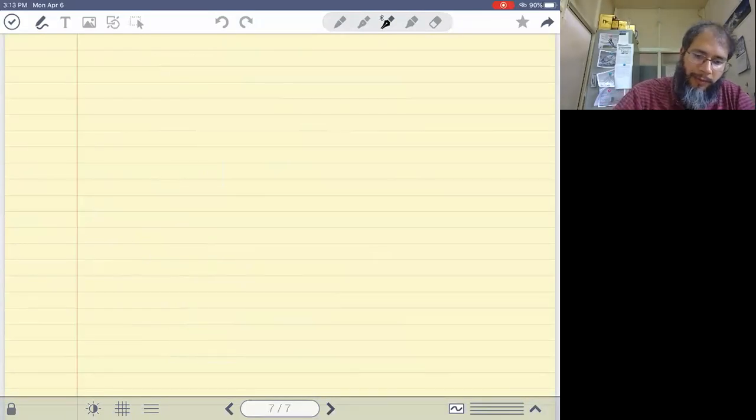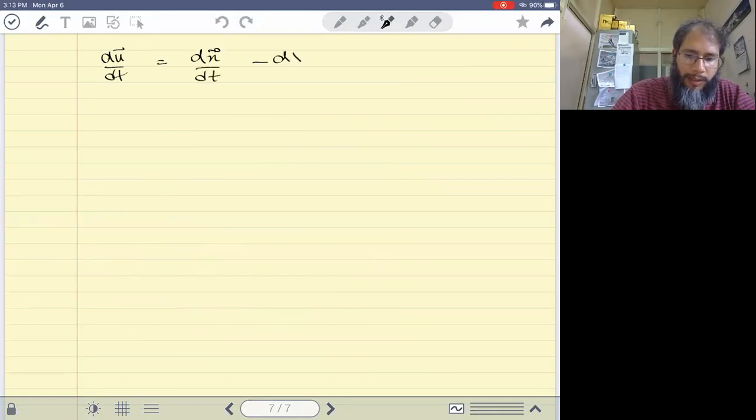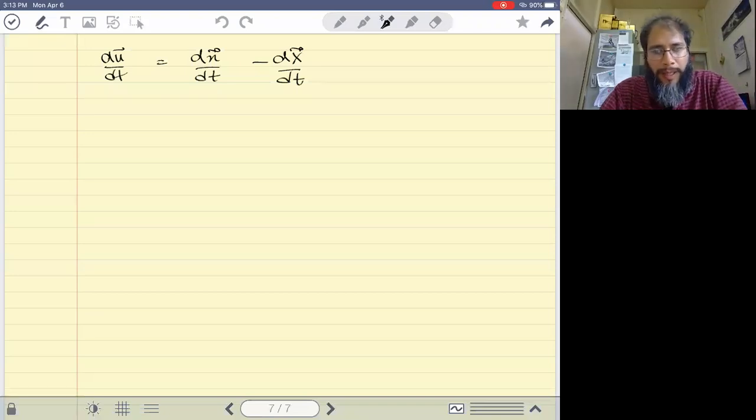Now, if we take the derivative of U, that is, I write du by dt, then this is dx by dt minus d capital X by dt. Now, we already know that capital X is not a function of time, because capital X is the location of the particles at t equal to 0. So it's independent of time. So this is 0. So what we are left with is the velocity v.